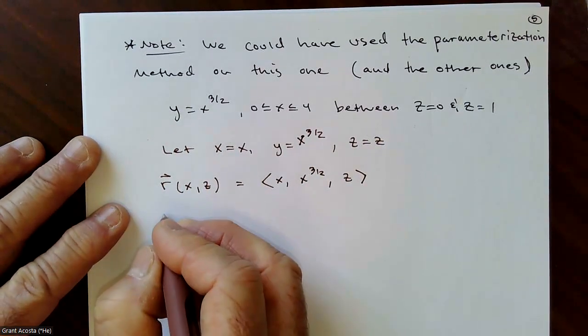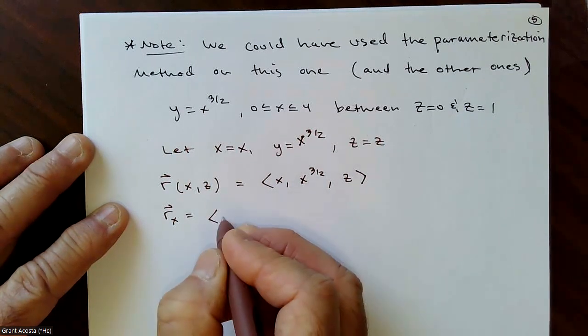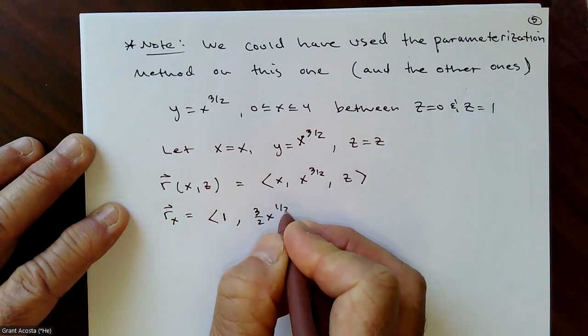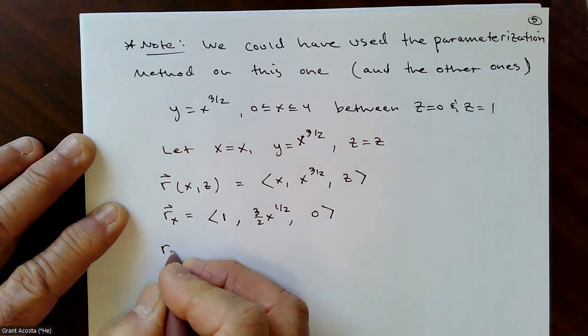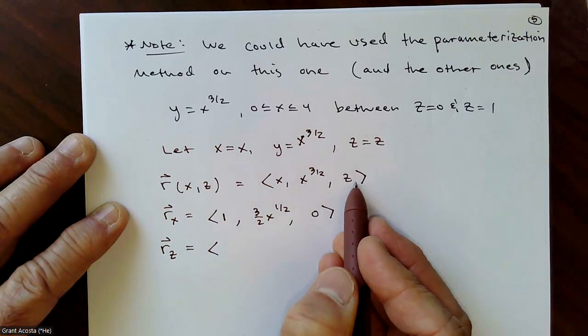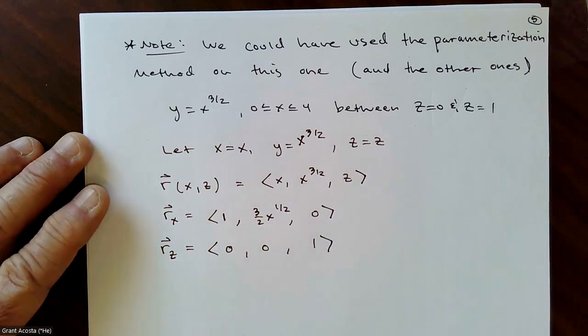And if you remember how this works, you need r sub x. The partial derivative of this with respect to x is (1, 3/2 x to the 1/2, 0). The partial derivative with respect to z is going to be (0, 0, 1).